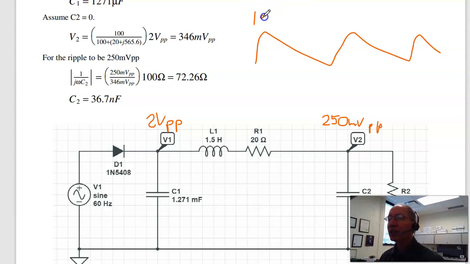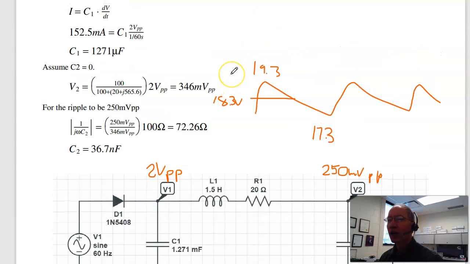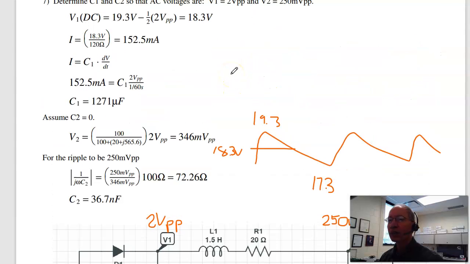The peak is 19.3. That's your 20 minus 0.7 volts across the diode. The minimum is 17.3. Gives you 2 volts peak to peak. The average then is 18.3 volts. That's the DC voltage.